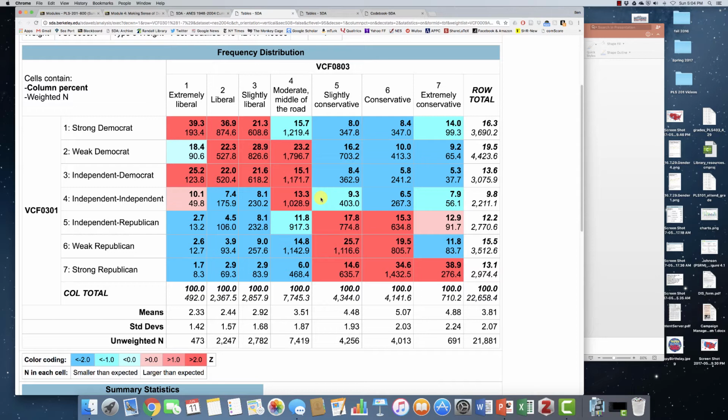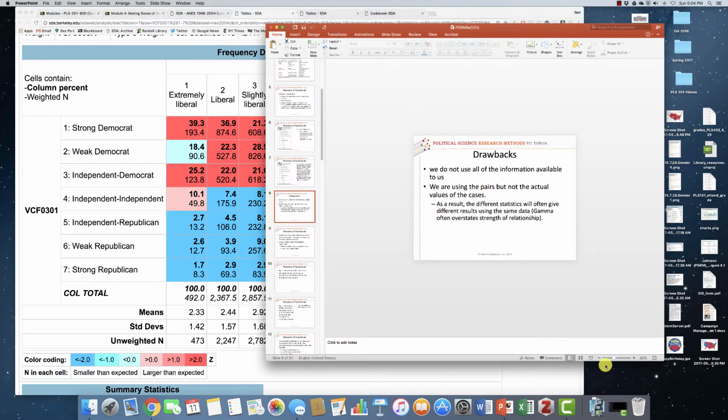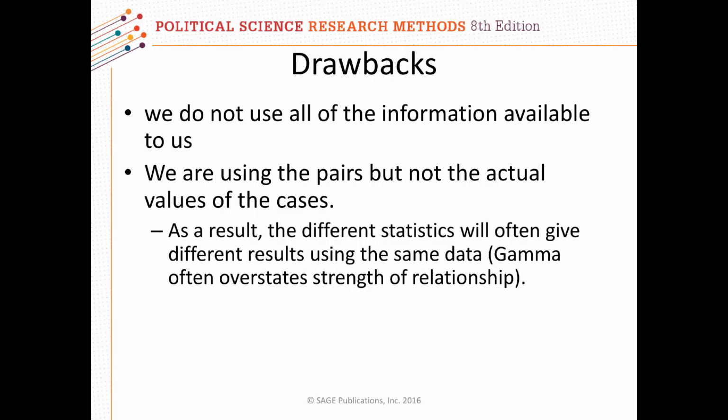That's all that matters. Only to the extent you can use the statistic to demonstrate the importance of this relationship does it have any value. So, that's gamma, and that's how you would do it. You can get a gamma coefficient in some statistical software. But all right, there are some drawbacks.